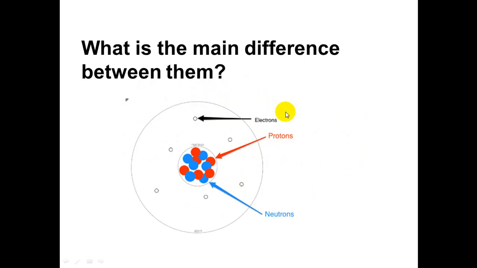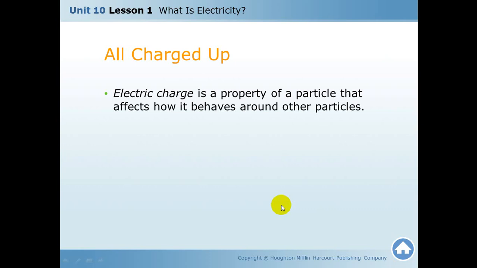But what is the main difference between them? What is the difference between electron, proton and neutron? This is the atom. Inside the nucleus we have protons and neutrons, and in the electron cloud we have electrons. The difference is something called electric charge.